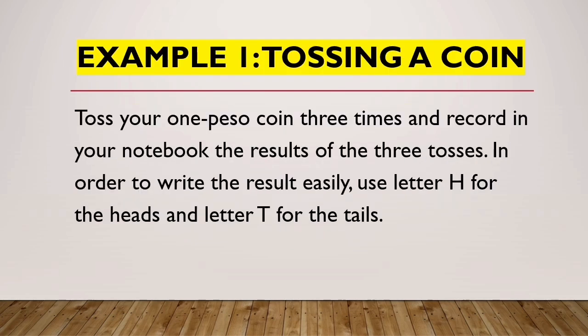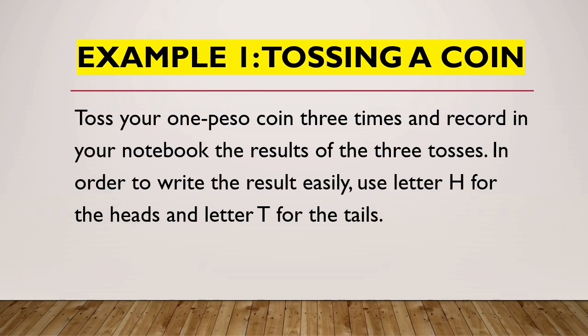Example number one, tossing a coin. I know you're all familiar with this kind of activity because you do this when you are playing games or when you're bored, you toss coins. Example, toss your 1 peso coin 3 times and record in your notebook the results of the 3 tosses.